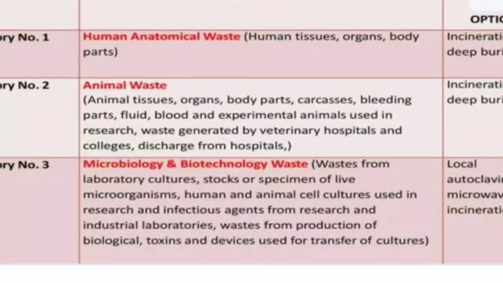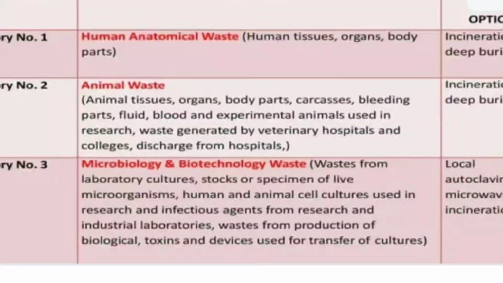Next is category 3, microbiology and biotechnology waste: waste from laboratory cultures, stocks or specimens of live microorganisms, human and animal cell cultures used in research, and infectious agents from research and industrial laboratories, waste from production of biological toxins, and devices used for transfer of cultures. Here you can use local treatment, autoclaving, microwaving, or incineration.